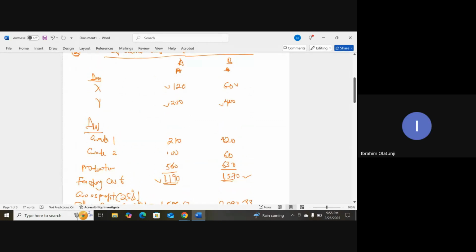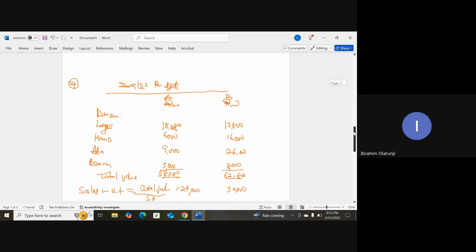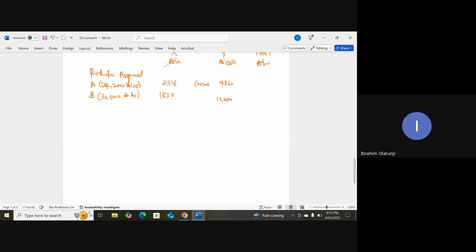Okay, 200. Then this one is 400. So that when we are going back to check it, no issue. Then this one, 30,500 multiplied by what? 400, right? Yeah.